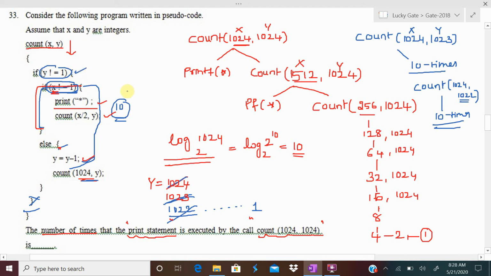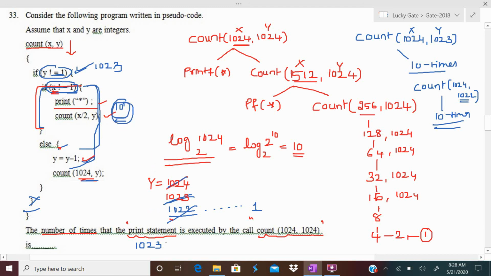It means it is repeating for how many times? 1023 times, the upper one. I am saying 1023, my dear, not 1024, because when y becomes 1, it stops the execution. And for each time this is executing, the inner loop is executing for 10 times.